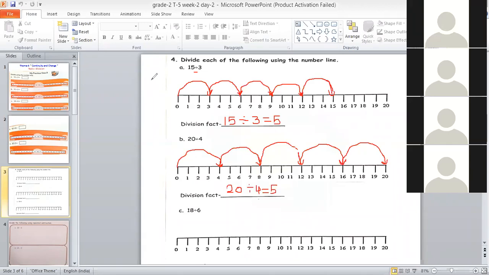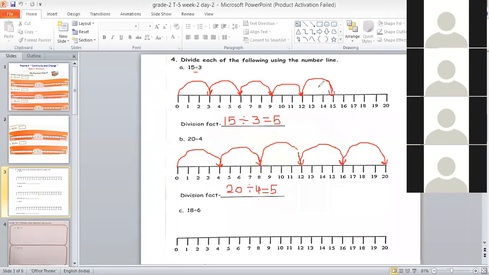So after the division symbol, what is the number, Adya? 6, ma'am. Yes. So will we be taking steps of 18 or 6? 6, ma'am. Very good. We'll be taking steps of 6.